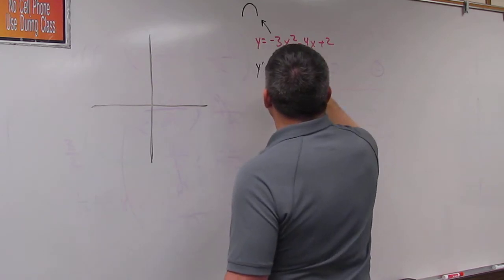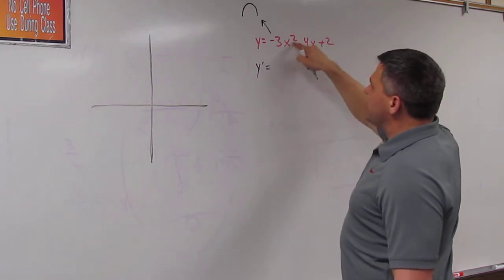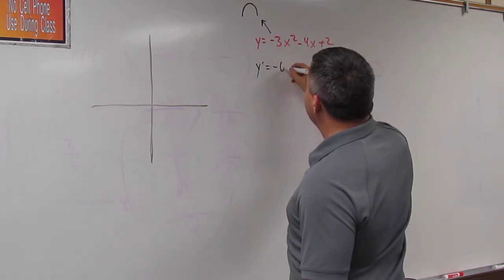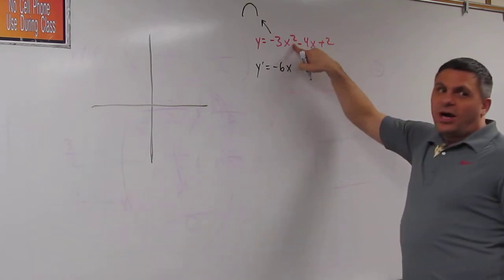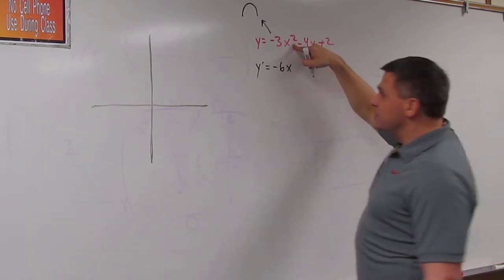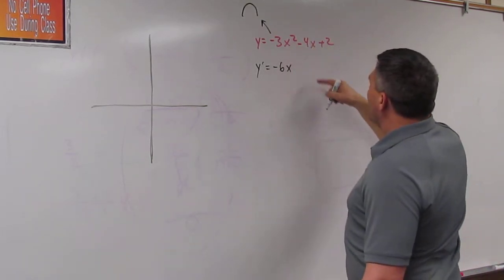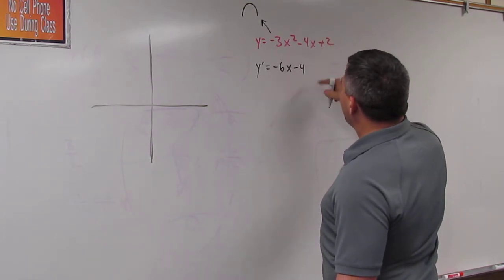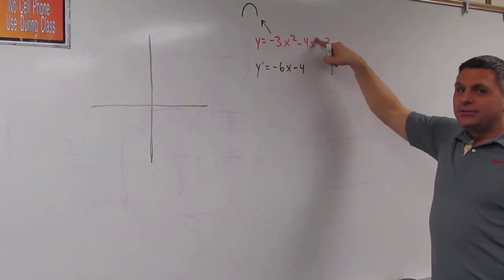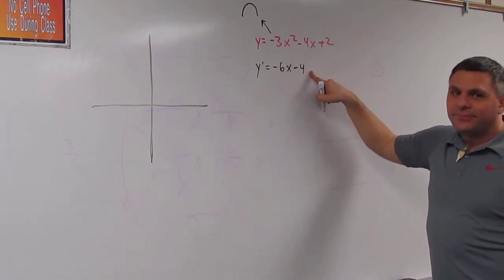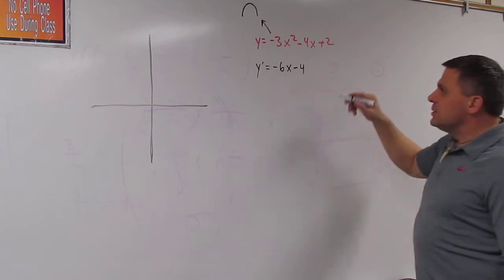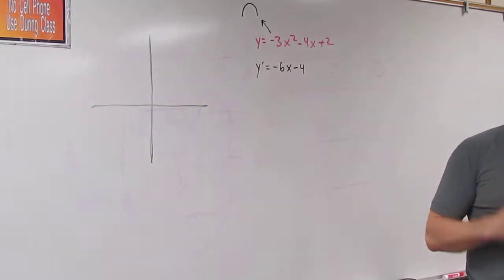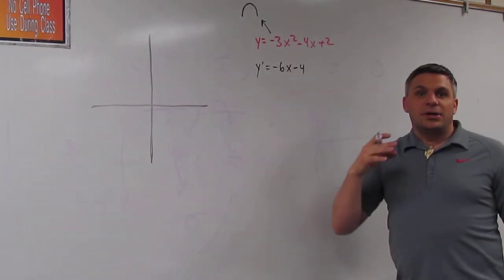So y prime is equal to the exponent times the coefficient, which would be 2 times negative 3 or negative 6x, and 1 from the exponent, which is 2 minus 1 or 1, and then this exponent times the coefficient, which is negative 4, and 1 from 1 is 0, and x to the 0 is 1, and 1 times negative 4 is negative 4. Okay? So now we have our tangent line to the curve.